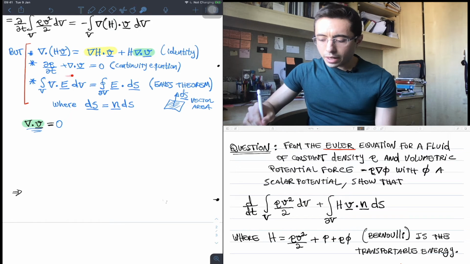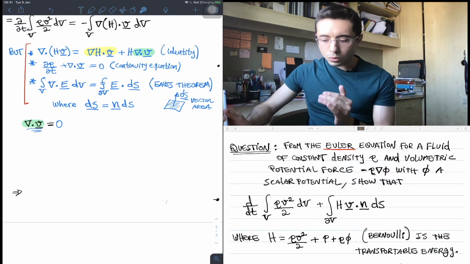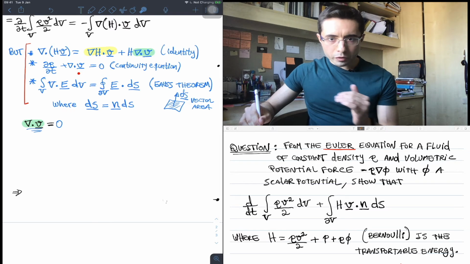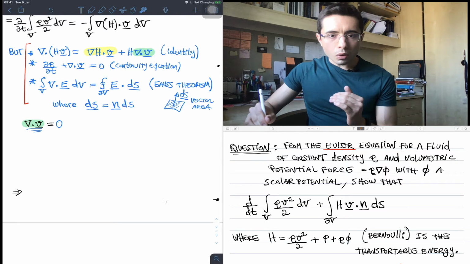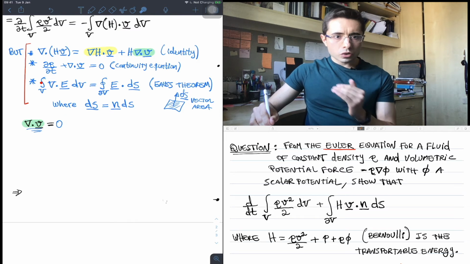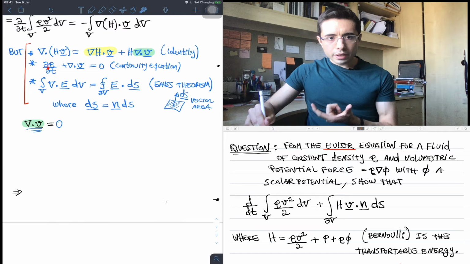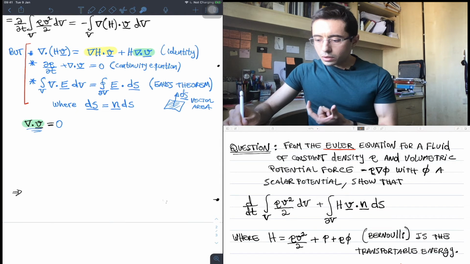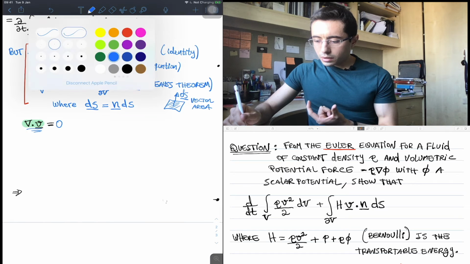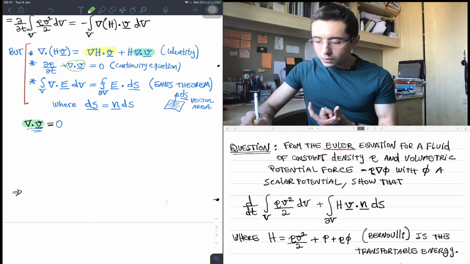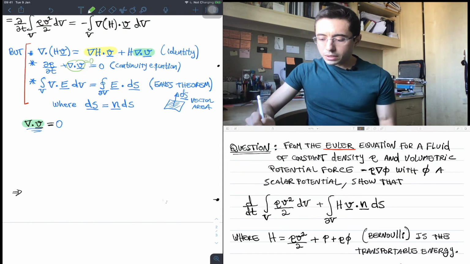So the continuity equation says that the d/dt of rho plus the divergence of rho v is equal to 0. So if your rho is constant, that means that your rho does not depend on anything. So in particular, it doesn't depend on the time. So the derivative here is 0, right? So that thing here means that this is 0 as well. So that thing here, it's 0 as well, because this is 0.